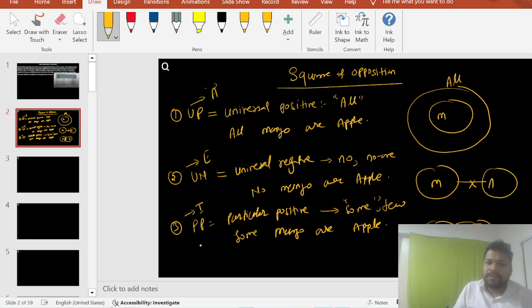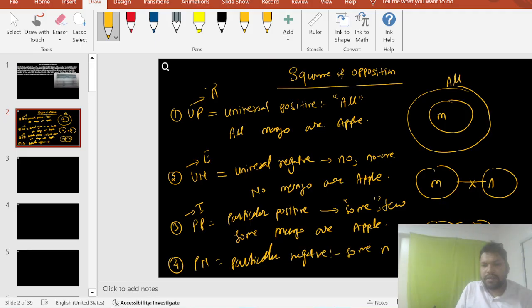And the fourth one is particular negative. Particular negative means if the word is "some not", that is called particular negative. Some not means, for example, if I am saying some mango are not apple.